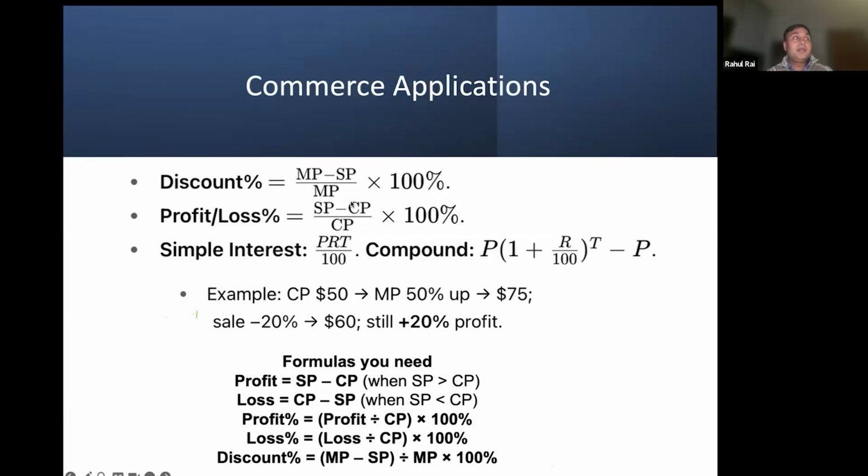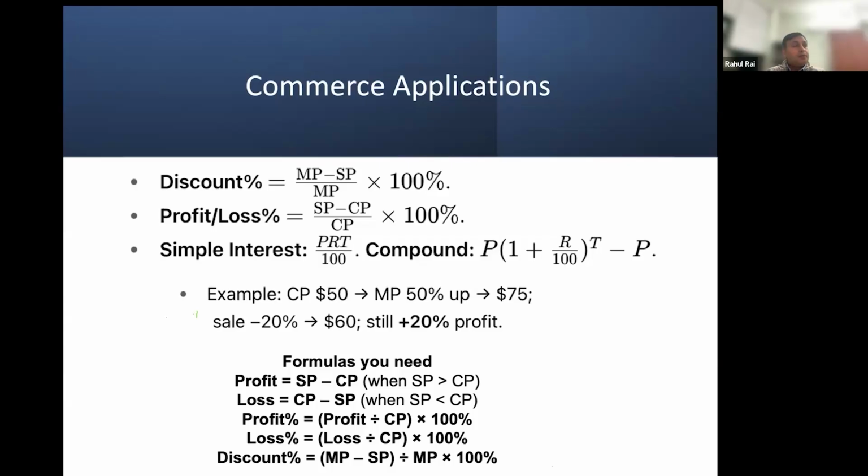So these are some of the common formulas in commerce applications: discount, profit, loss, simple interest, compound interest, marked price, sales price, and cost price. These are the concepts that you need to know. So we discussed the most commonly occurring concepts that are coming on DSAT problems in terms of commerce applications, but underlying that, the calculations are percentage-based.